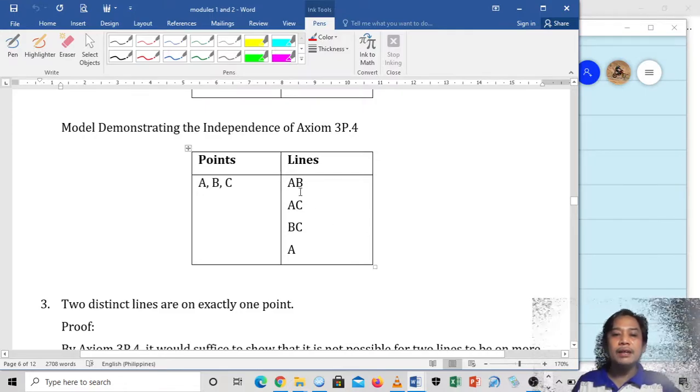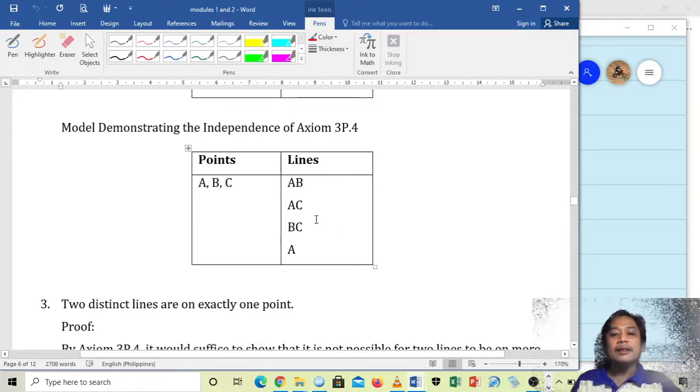So we have AB, AC, BC as the only pairs, and they are in exactly one line. There is no other line containing AB, no other line containing AC, no other line containing BC, and these are the only pairs possible in these 3 points. And then the third, stating that there is no line containing all points. There is no line ABC here.